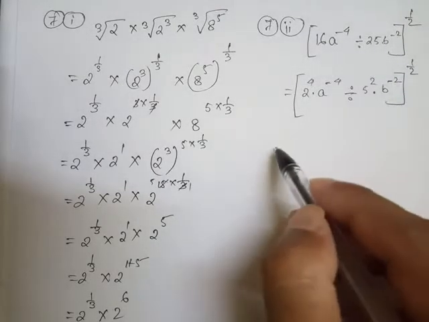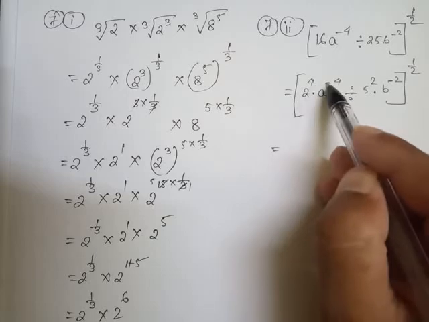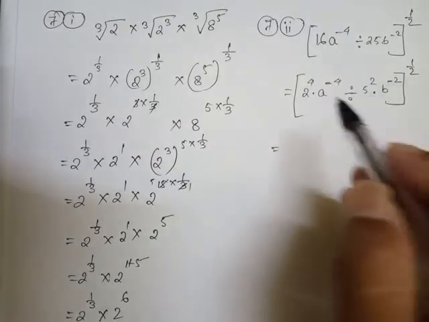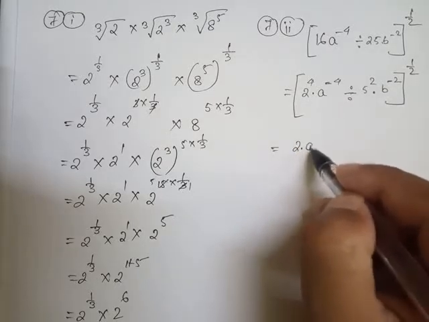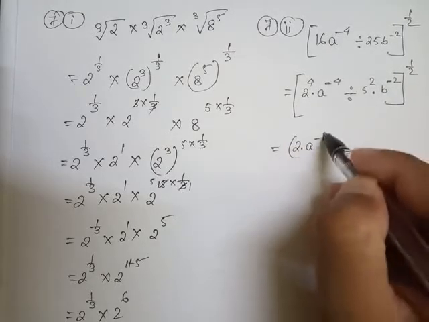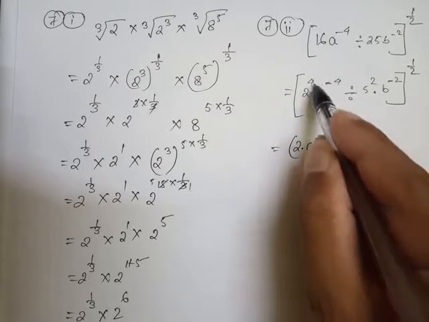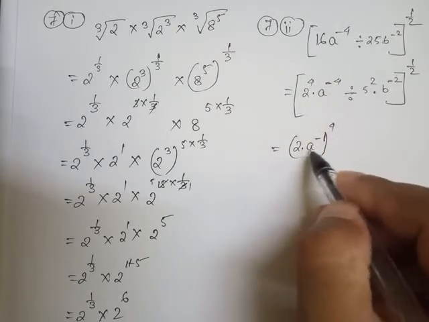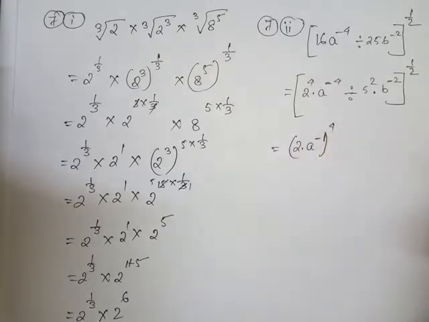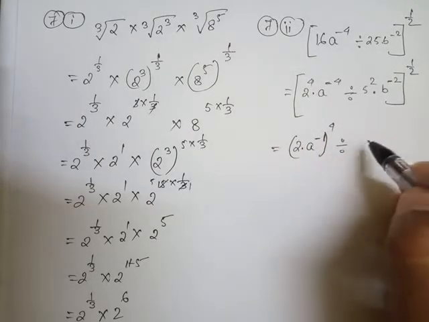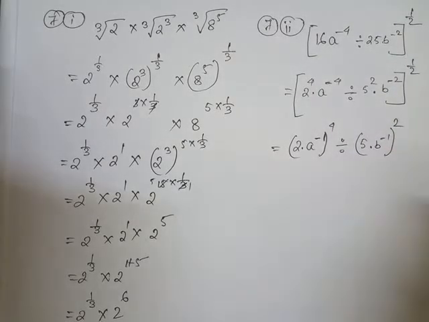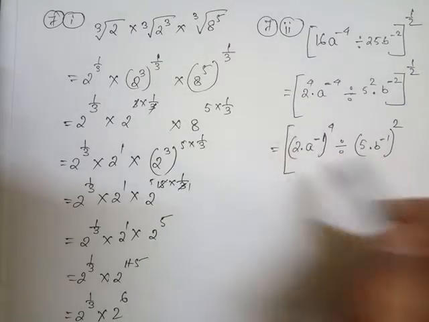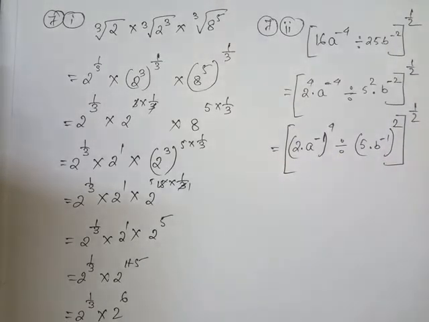Now, since these are under one power, this can be written as 2 into a to the power minus 1 whole to the power 4. Similarly here also 5 into b to the power minus 1 under one power, and the third bracket has the power half.